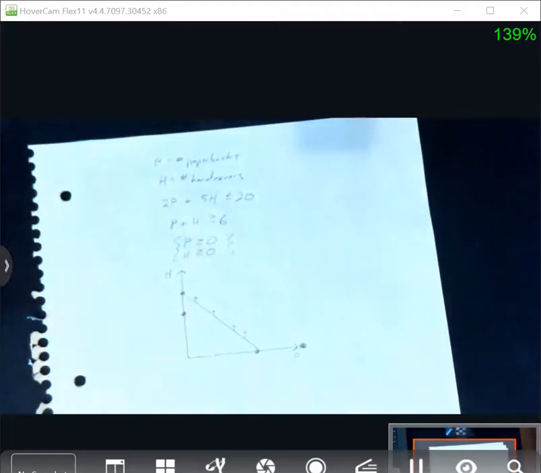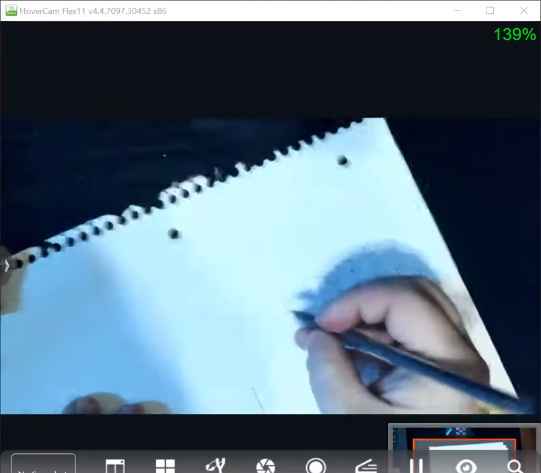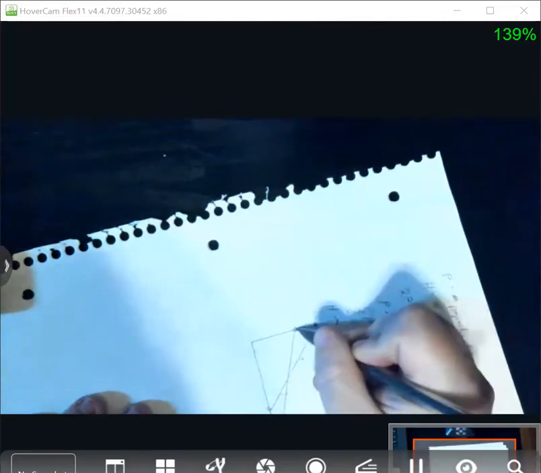Oh, I miscounted. 1, 2, 3, 4, 5, 6, 9, 10. There it is. And again, it has an equality, so we could do a solid line. And we get something like that.